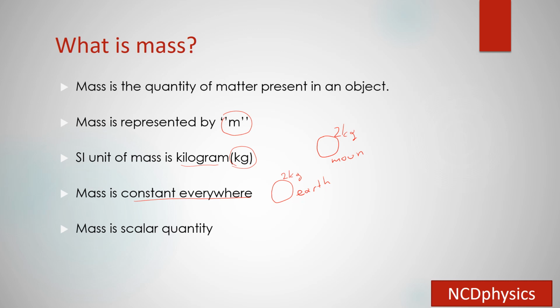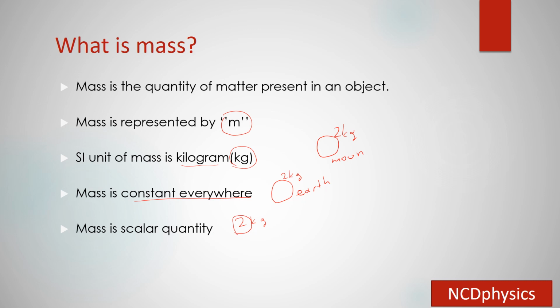And mass is a scalar quantity. Why is mass a scalar quantity? Because mass does not have direction. It has just magnitude and size, no direction. For example, we say 2 kilogram, so this is the size of the object.